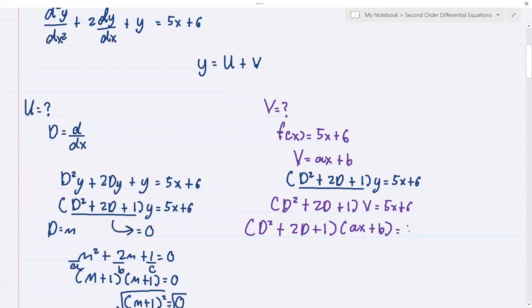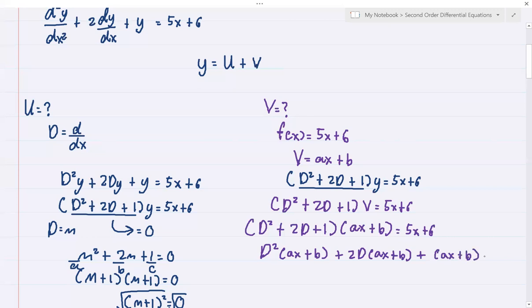There you go. Then let's distribute your ax plus b to this expression. So we will have D squared of ax plus b, plus 2 times D of ax plus b, plus 1 times ax plus b, which is just simply ax plus b. No changes at all.